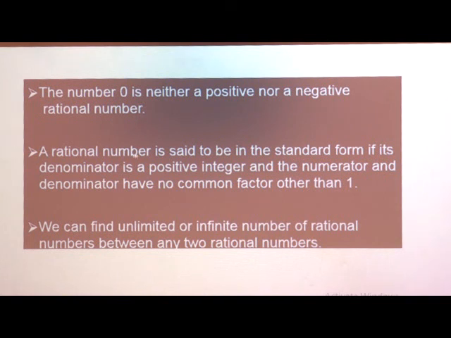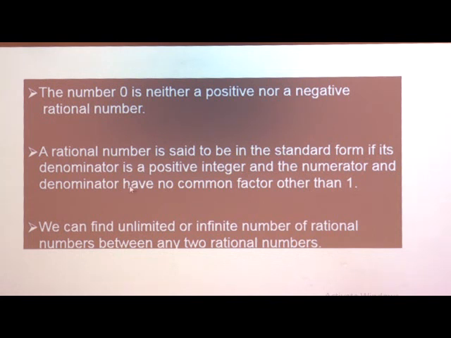A rational number is said to be in the standard form if its denominator is a positive integer and the numerator and the denominator have no common factor other than 1.